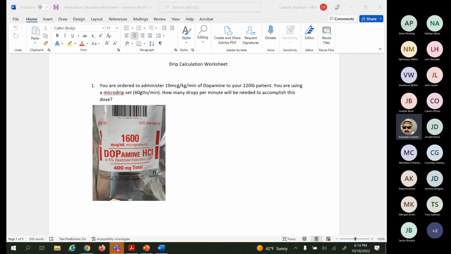It could be a bag of fluid, it could be anything. So if I have a 1,000 ml bag of fluid, and that bag has, let's say, 250 milligrams in it, how do I figure that out?